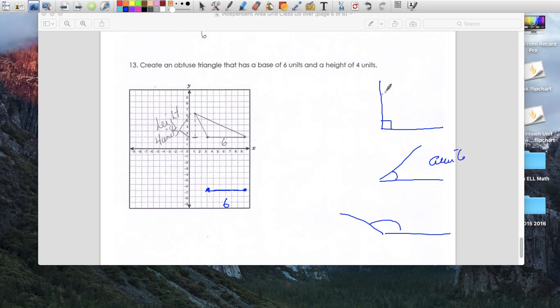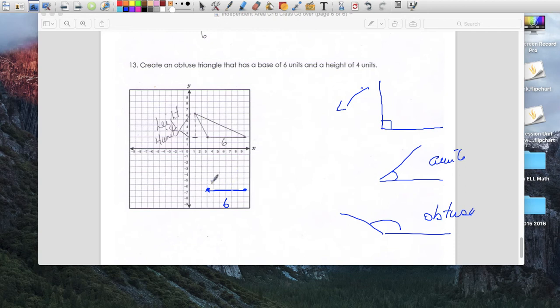And when this opens that way, you can create an obtuse angle, which is greater than 90. So I had to create something with a base of 6 and a height of 4, and it has to be obtuse.